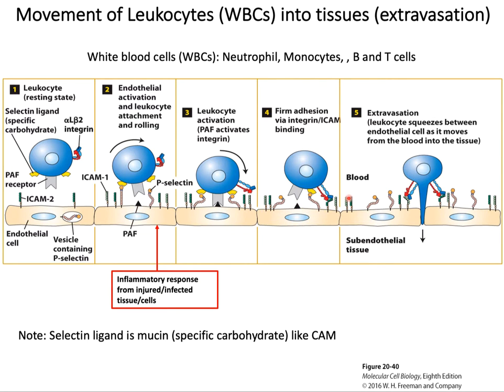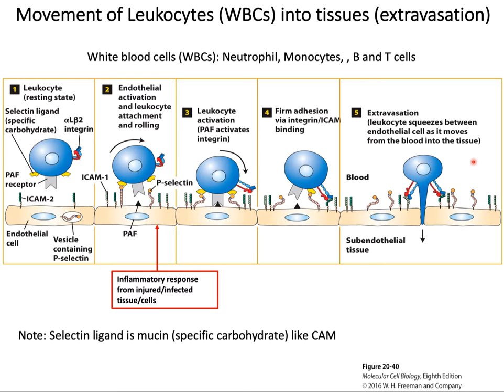This will bring the white blood cell very, very close to the endothelial cells. Now you can think that this interaction is high affinity or trapping with a stronger force anchor compared to a weaker affinity or force or anchor by P-selectin alone when the leukocytes were rolling.